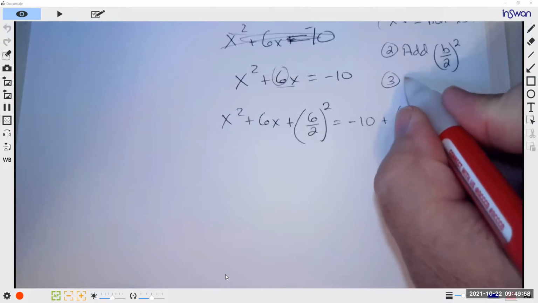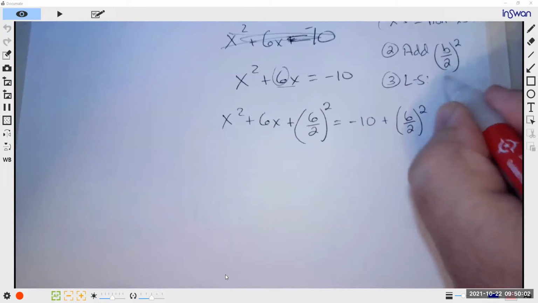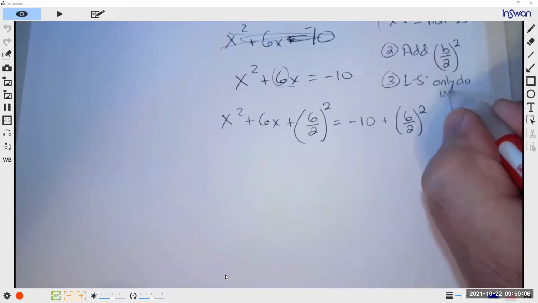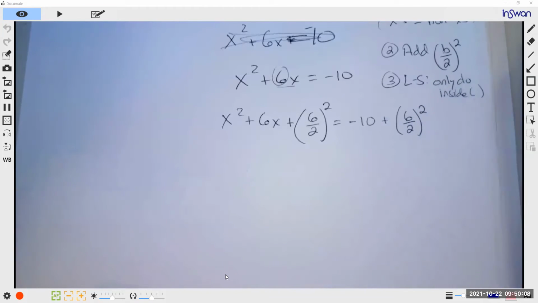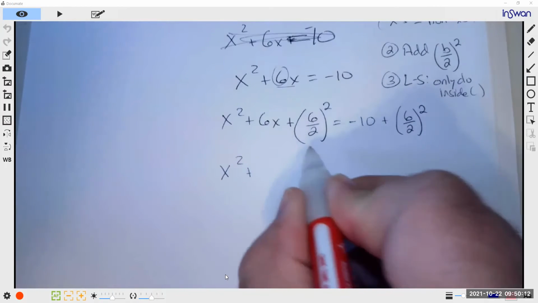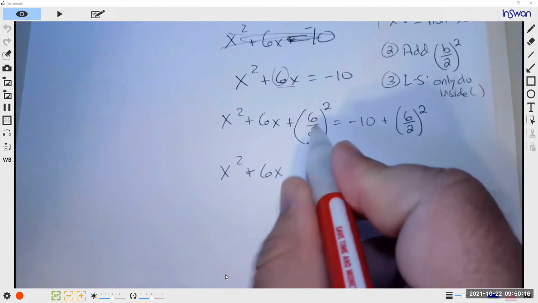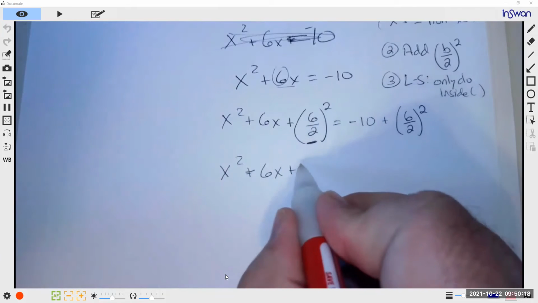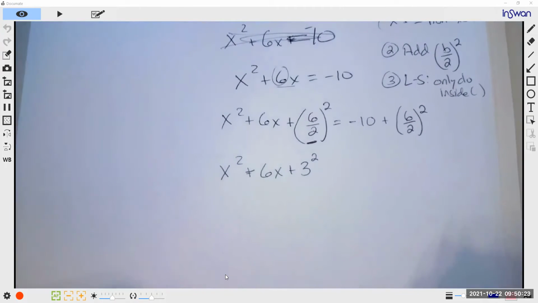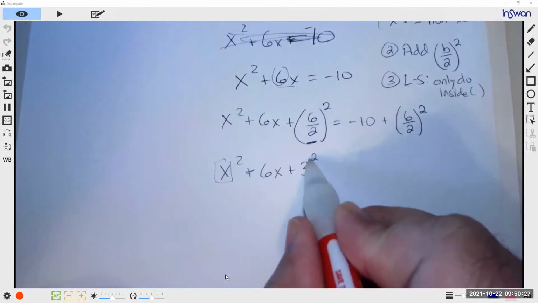Step 3 was 2 parts. The left side, only do inside the parentheses. So on the left side, we only do this part. 6 divided by 2 is 3 squared, because we want 2 terms under the squares.